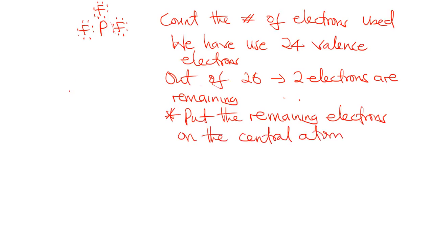So here we are going to have P. We know we have F, F, F. So this one has 8 electrons. This one has 8 electrons. This one also has 8 electrons. So the remaining 2, we are going to put them here on the central atom.